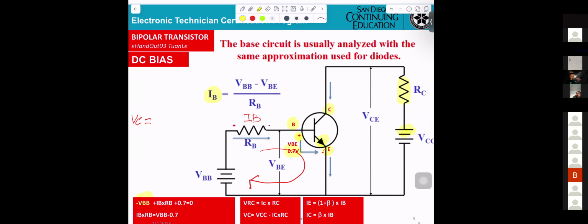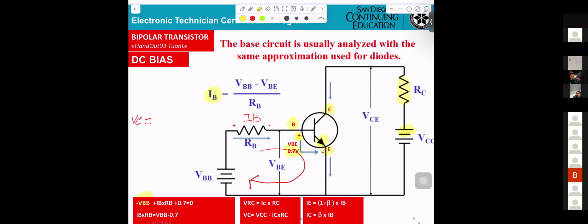So basically, VC will be equal VCC minus IC times RC. Okay. That is how we do the calculation for VC.